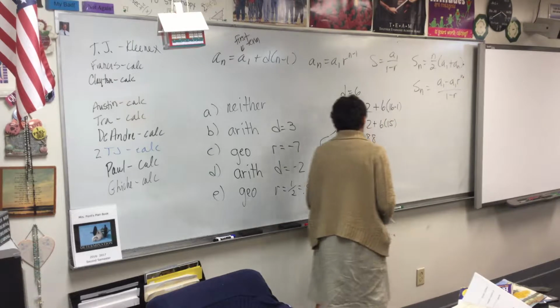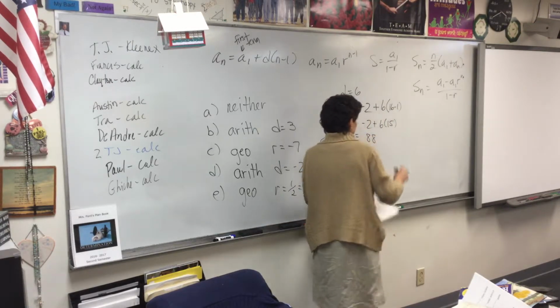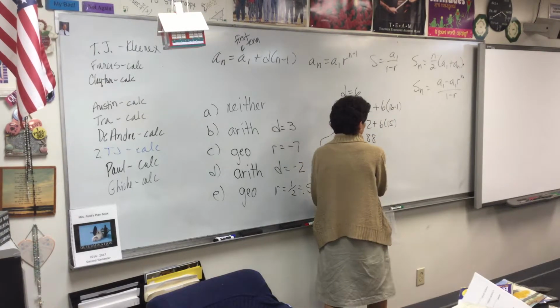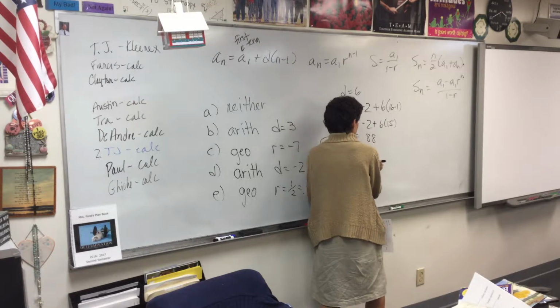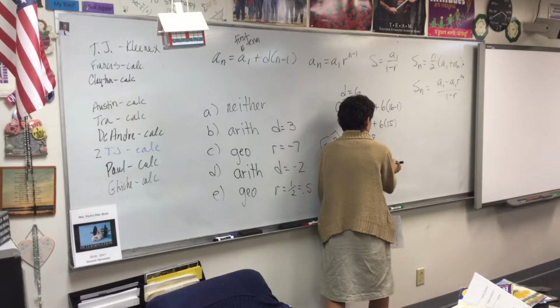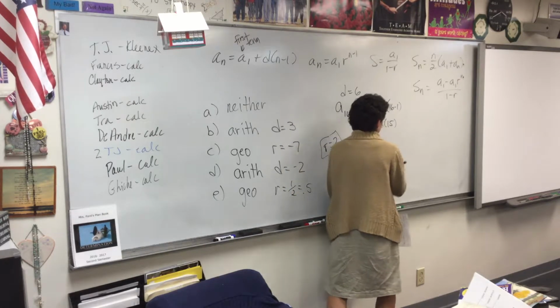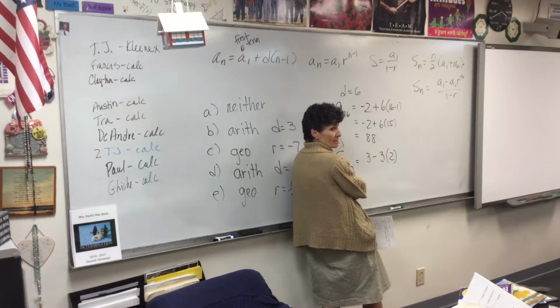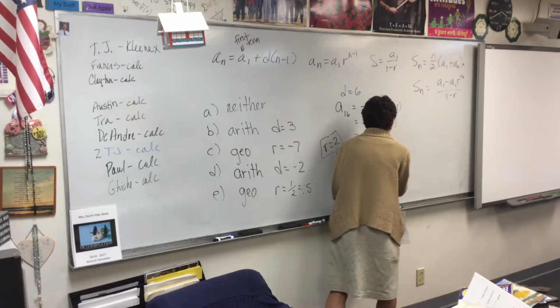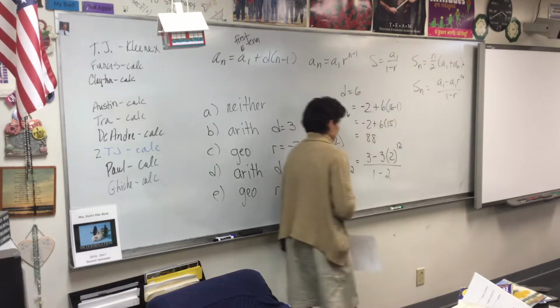So here we go. S sub 12, according to the formula, would be, what's my first term? 3, minus 3, you told me the ratio was 2 to the nth, which is 12, over 1 minus the ratio.